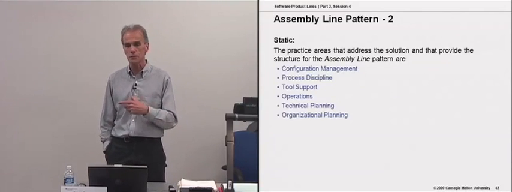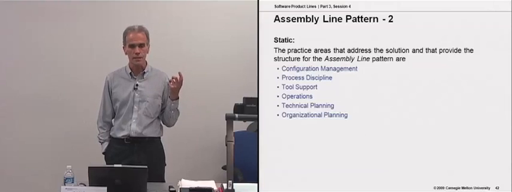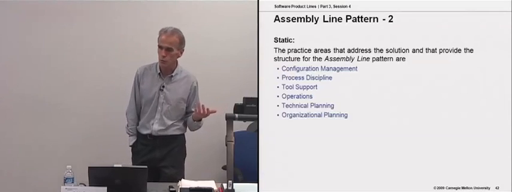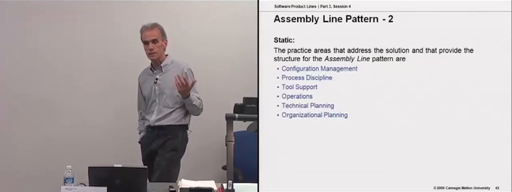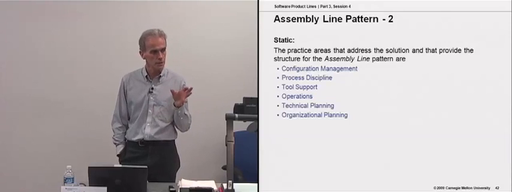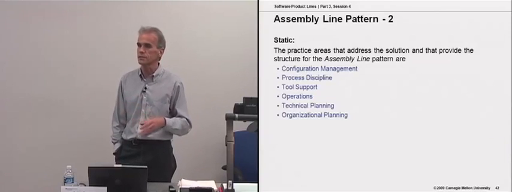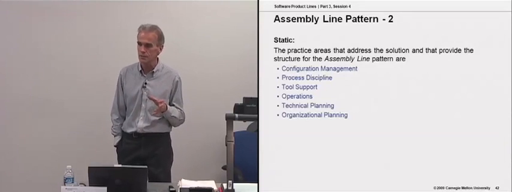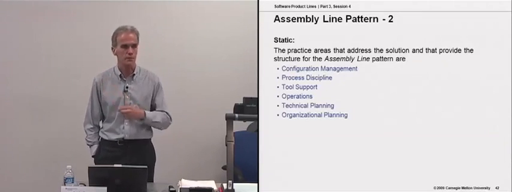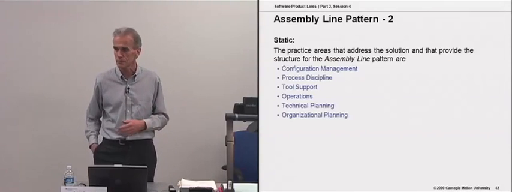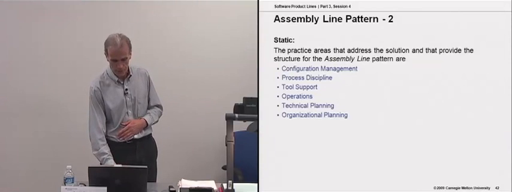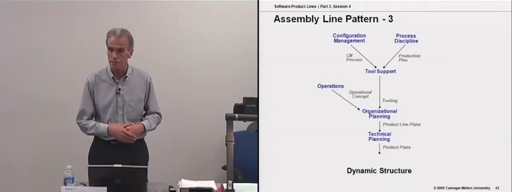And similarly, the tool support decision for each asset should be part of an overall approach to how you're going to come up with the right set of tools in general for your product line effort. So different people focusing on different aspects of the same practice areas for solving different problems in different product line contexts. So not a partitioning of the 29 practice areas.